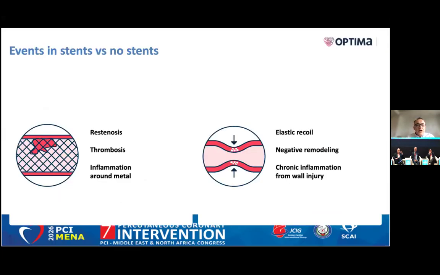So what could we have with stents or no stents? With a stent after calcified lesion PCI, we could have restenosis, thrombosis, or inflammation around the metal. With the DCB, we could have elastic recoil because of the calcification, negative remodeling, and also chronic inflammation from wall injury.